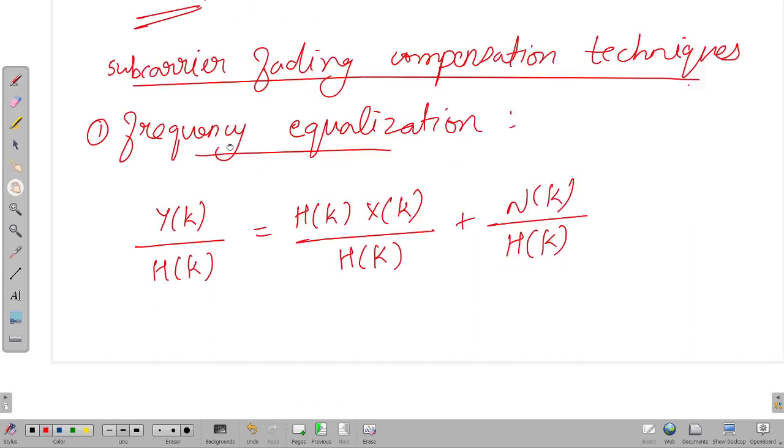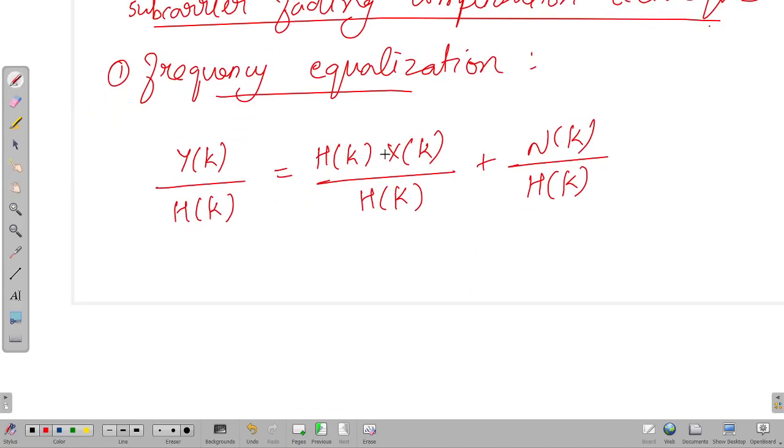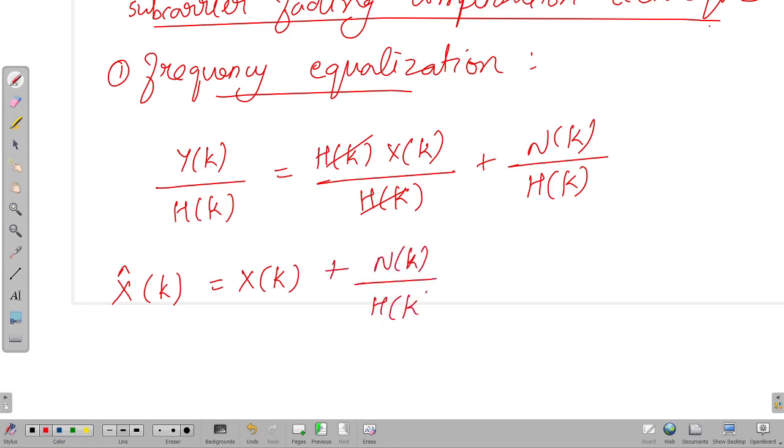What you get here is an estimate of x of k, so I put a cap: x cap of k is equal to x of k, since h of k gets cancelled off, plus the noise term n of k divided by h of k.